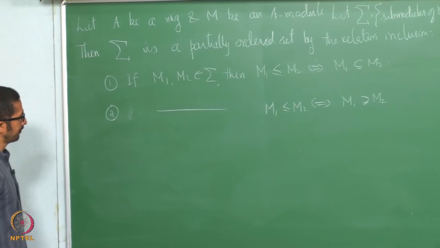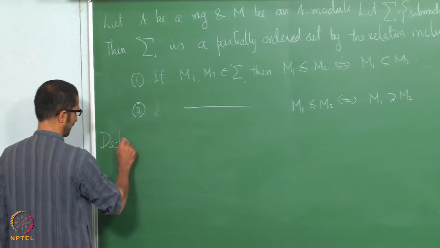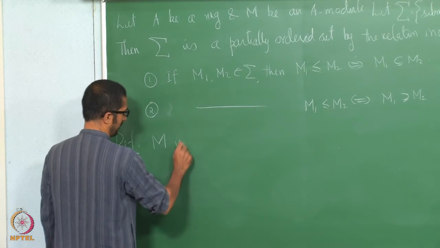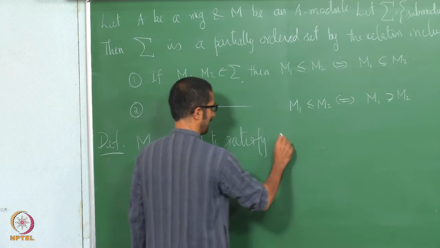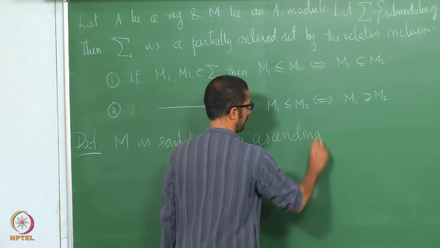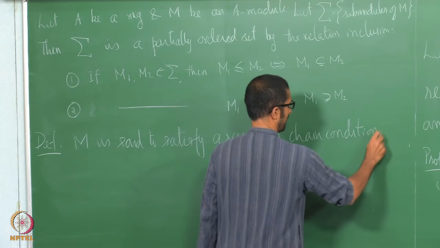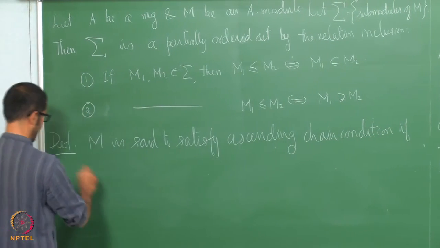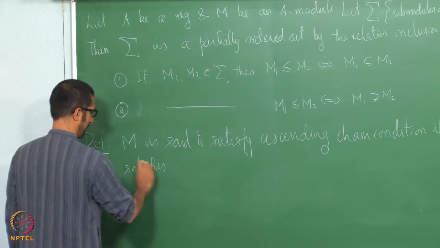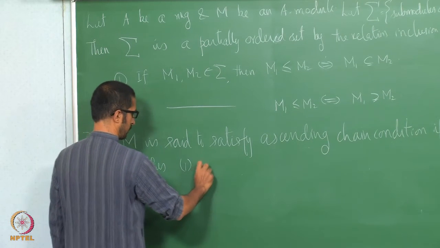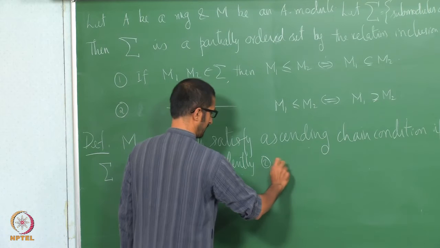Now, we say that M is said to satisfy the ascending chain condition if sigma satisfies 1, equivalently 2, in the previous proposition.